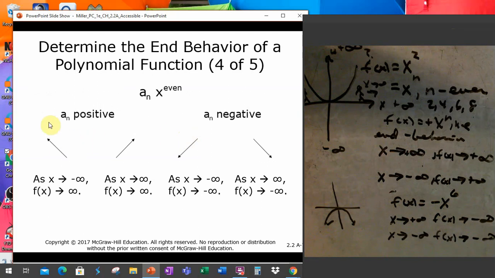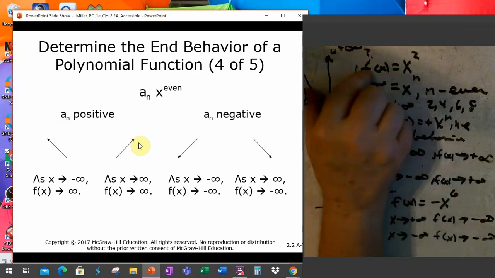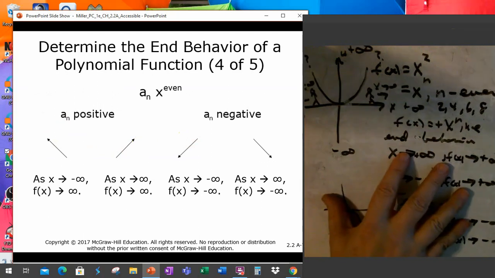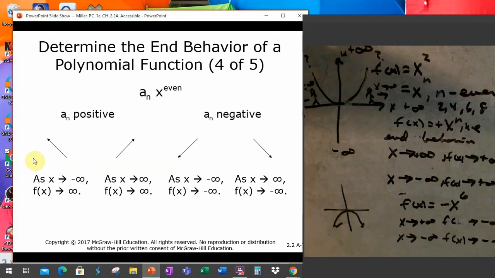Okay, so here's a picture of that. Here is a sub n positive. This is up, up. That's the picture, up, up. We're going up, this is this arrow. On the other side, we're here. So this is from that basic graph that we know when n is an even power. For even powers, it's either up, up, or down, down, like over here.